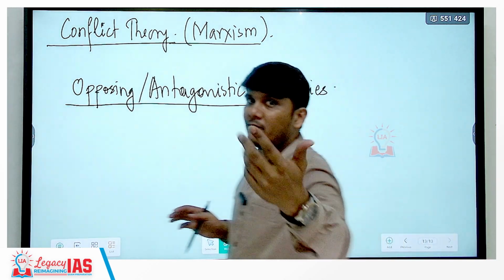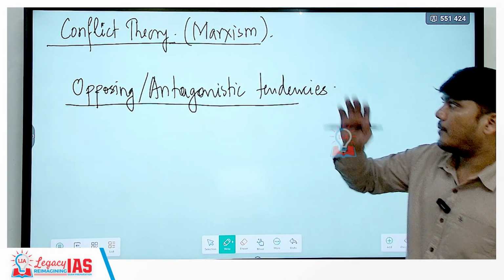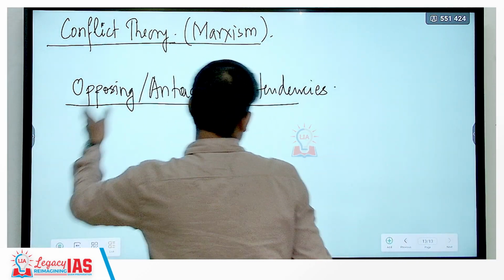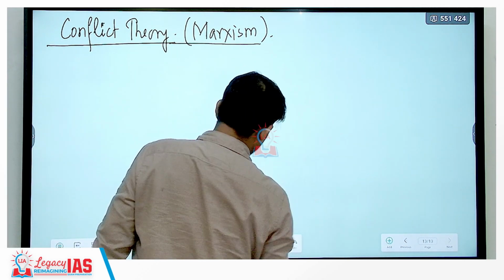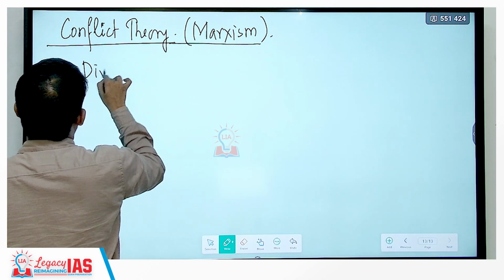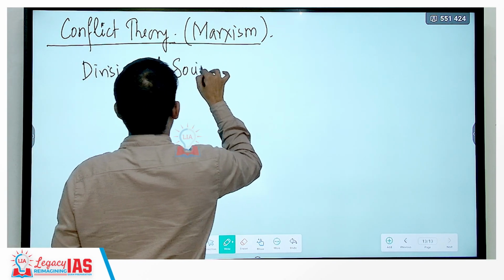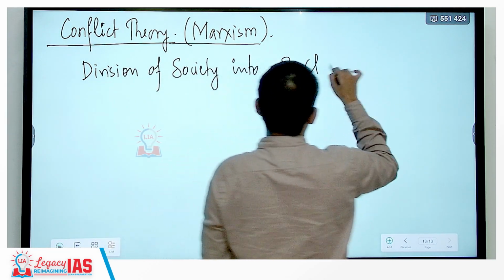In functionalism, there was shared value. In Marxism, there are two opposing values. Because of that, Marx divided the entire society into two classes.